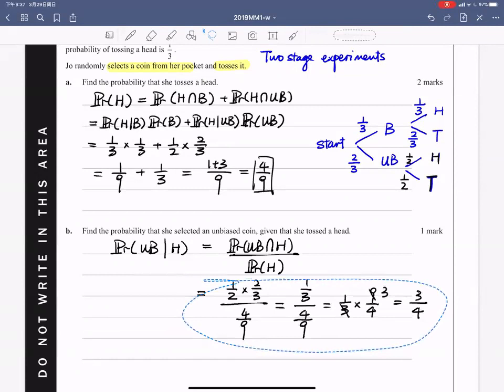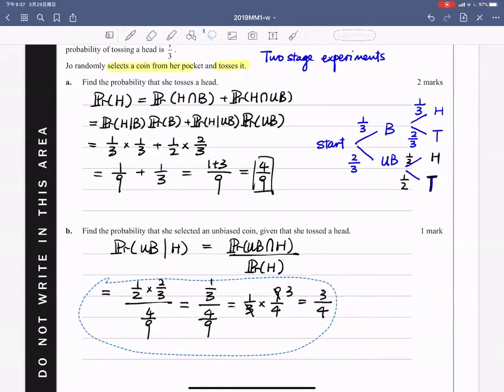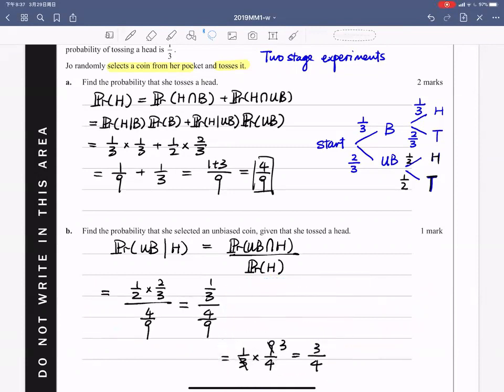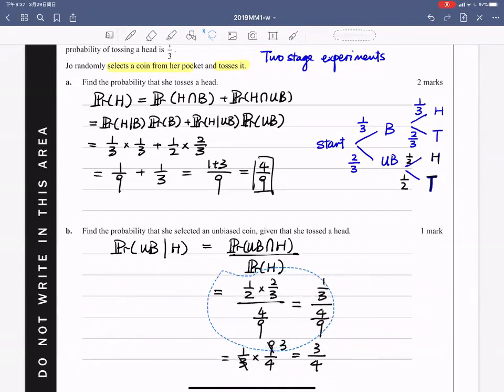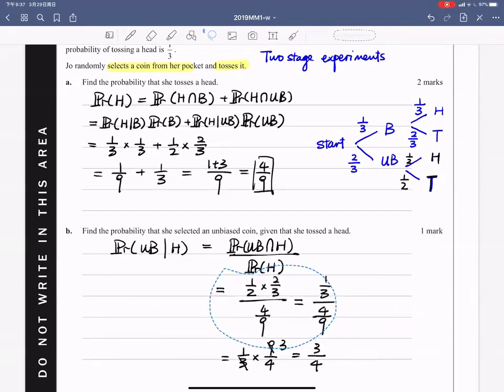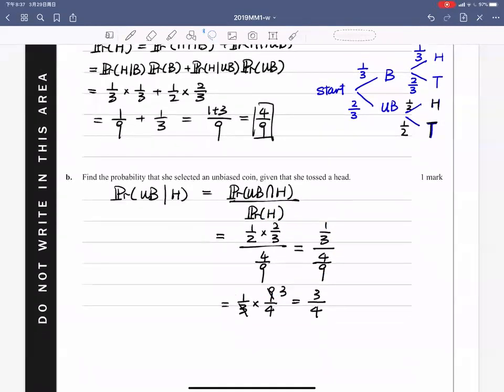I missed a part. This should look better. Okay? All right, easy.